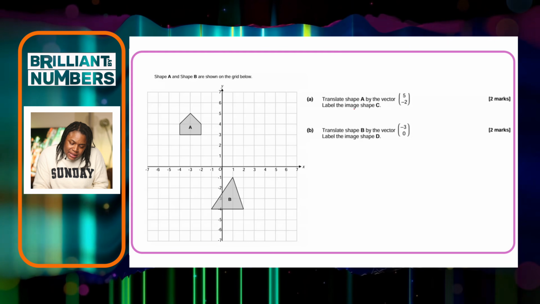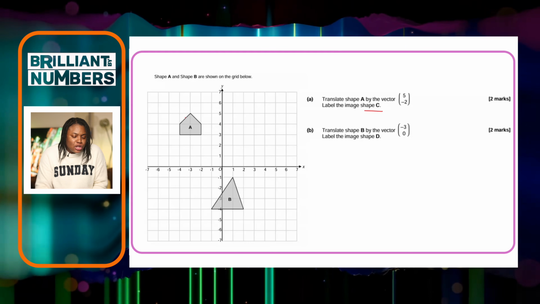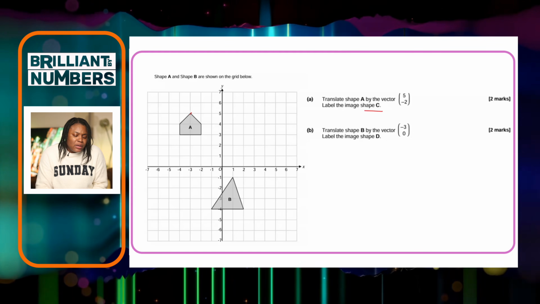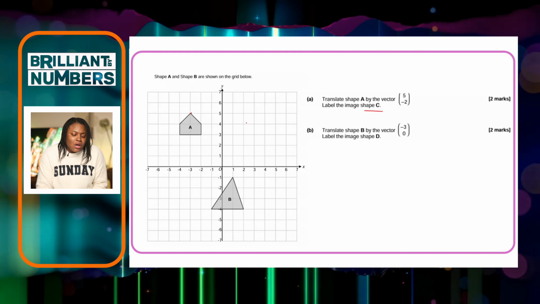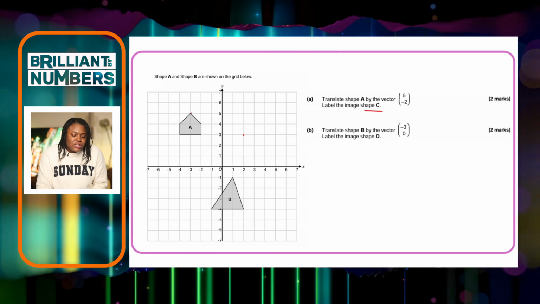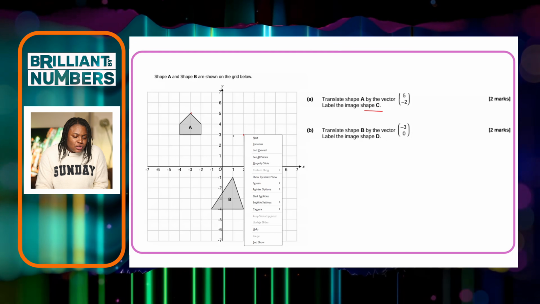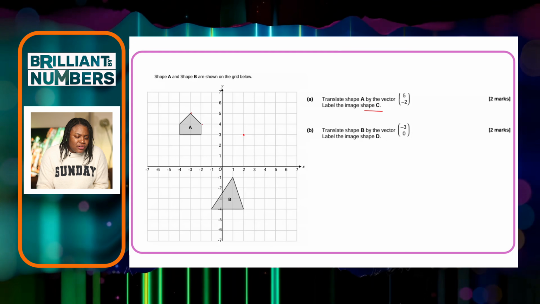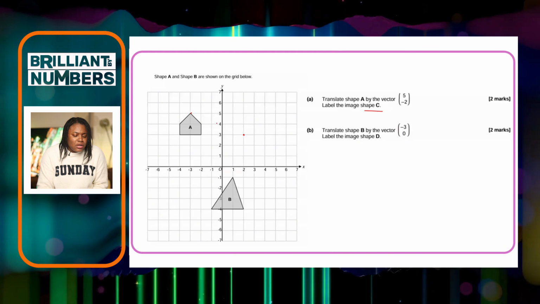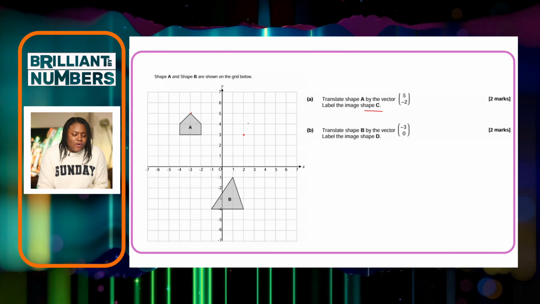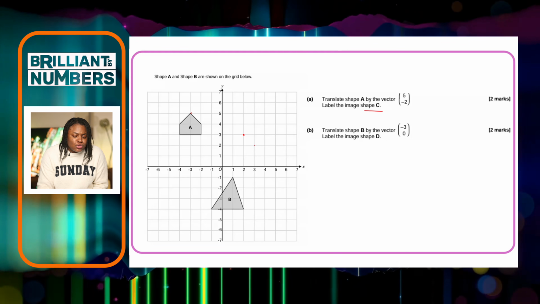We will label the image C after we've done it. Taking the first point here, we move 1, 2, 3, 4, 5 across, 1, 2 down. First point there. For the next point, we move 1, 2, 3, 4, 5 across, 1, 2 down.